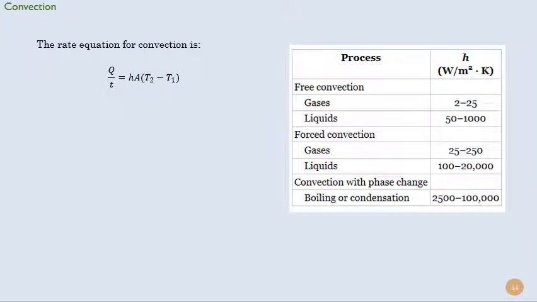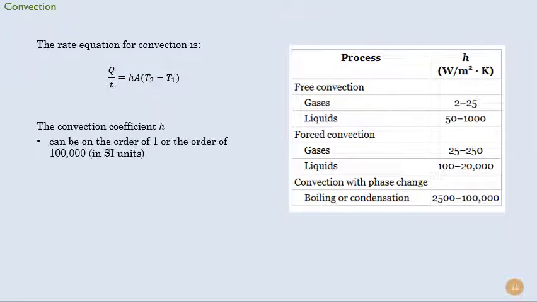It's harder to come up with a good rate equation for convection. This is the best we can do, where we have a difference in temperature between two surfaces. We have an area of contact, but then we have what's called a heat transfer coefficient, H. And that has to be determined experimentally, and it varies a lot.